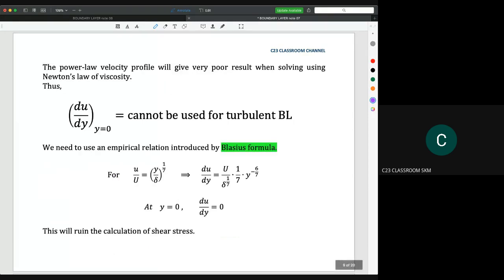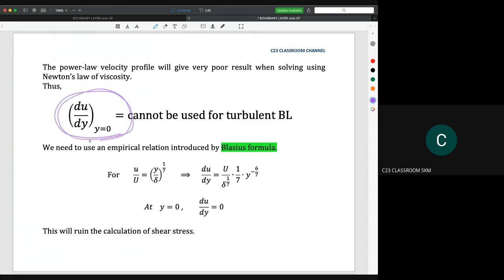And then, okay, you already know how to solve the laminar boundary layer using the von Karman equation. And in the turbulent boundary layer, we will also solve problems using the von Karman equation. However, in the laminar boundary layer, we use Newton's law of viscosity.